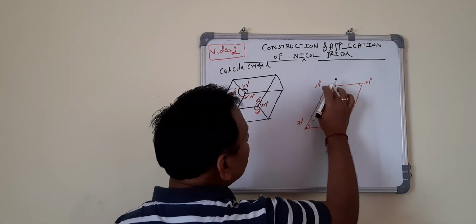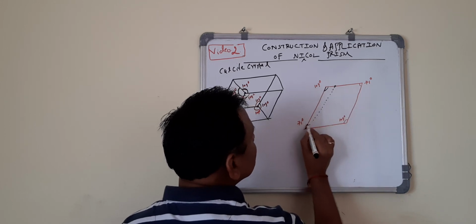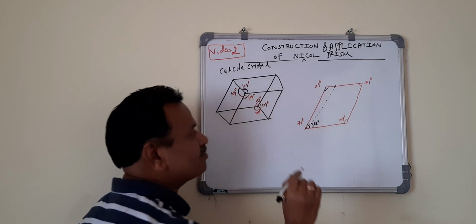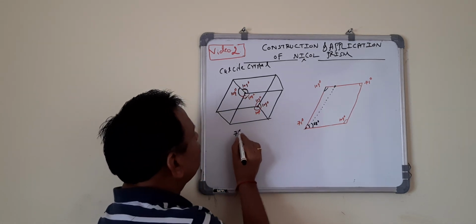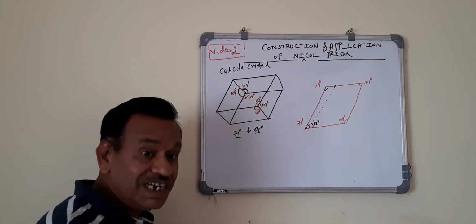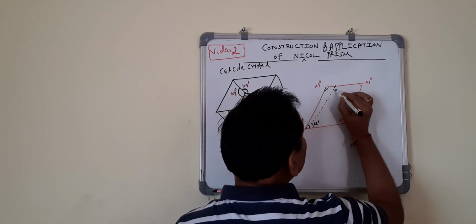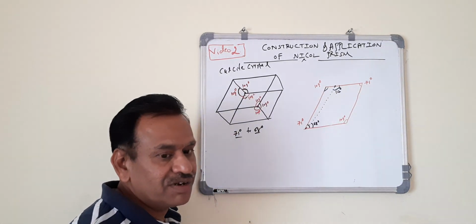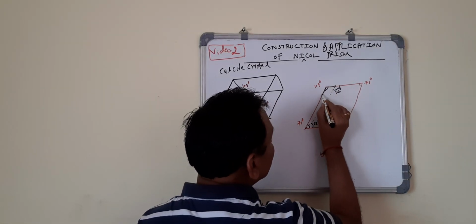Earlier this was 109 degrees. This was 71 degrees, but now it becomes 68 degrees. It is reduced from 71 to 68, so 3 degrees is reduced. At the same time, this angle should increase by 3 degrees. This will become 112 degrees, students. I think you can understand this. He removed this part here.